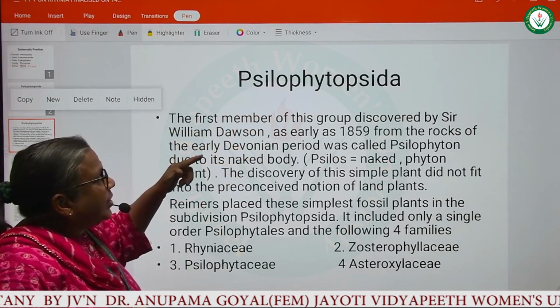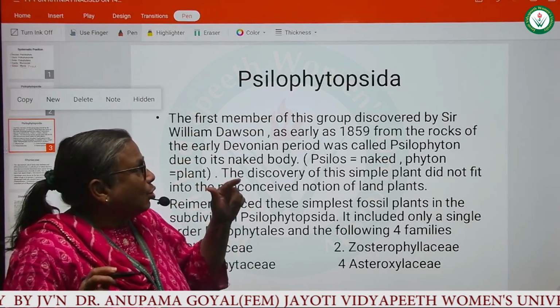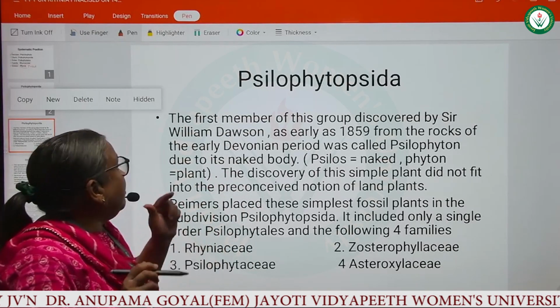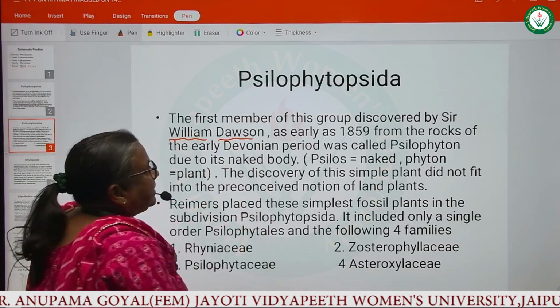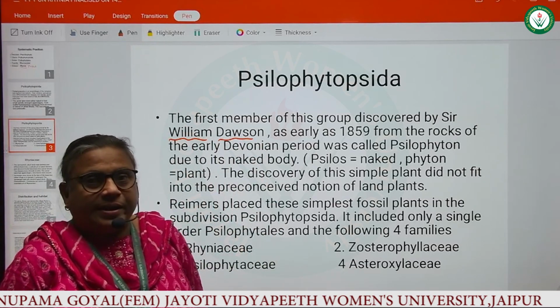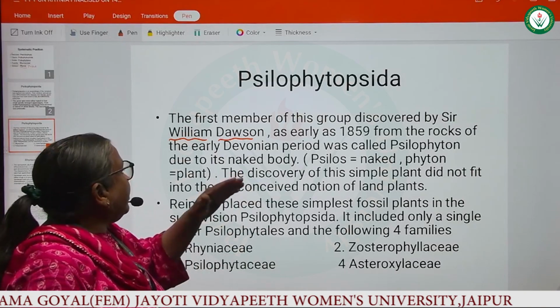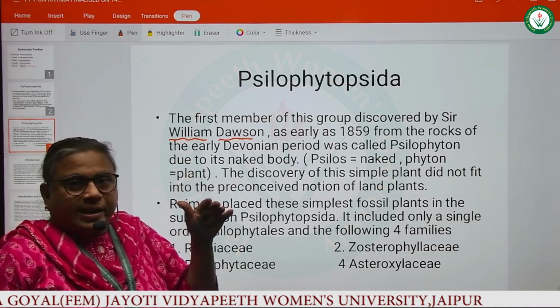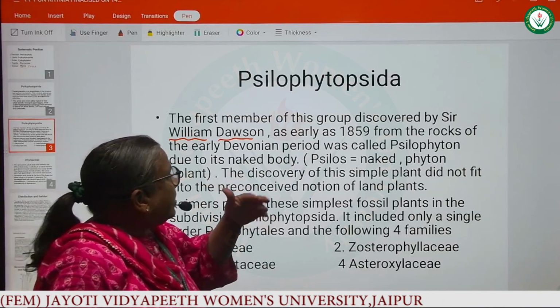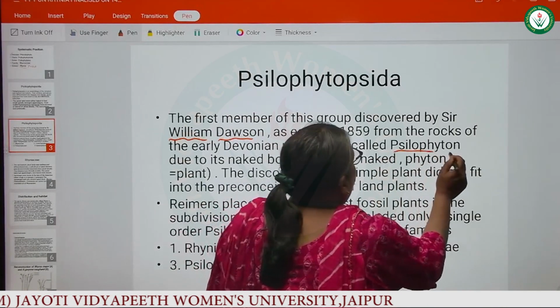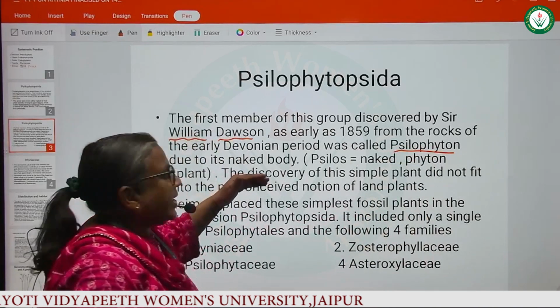Xylophytopsida. The first member of this group was discovered by Sir William Dawson as early as 1859 from the rocks of the early Devonian period, and it was called Xylophyton due to its naked body.